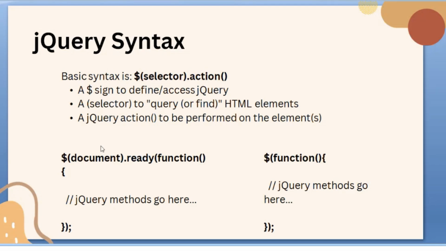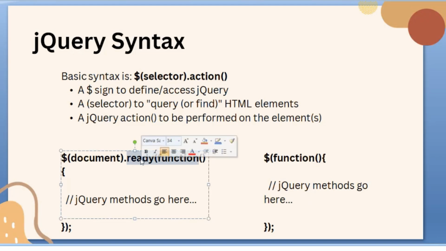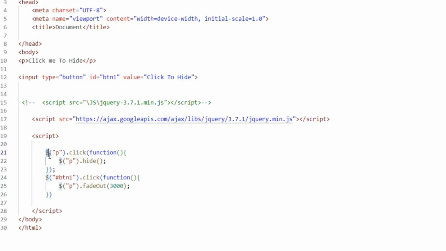So let's learn how we can use this $(document).ready function and what the significance of this is. The significance is that it will ready the whole document before executing any specific jQuery script.